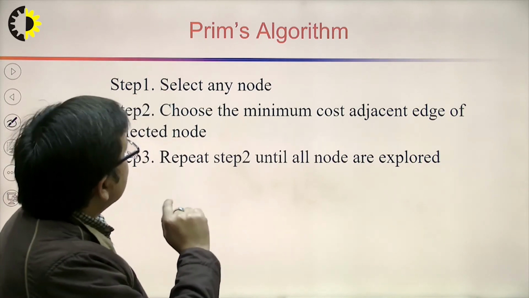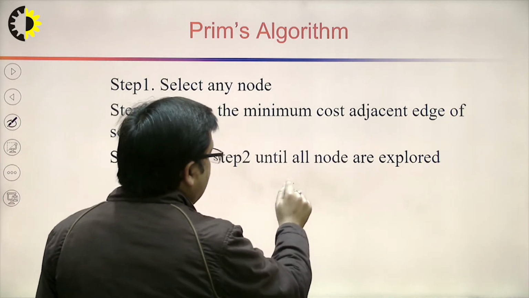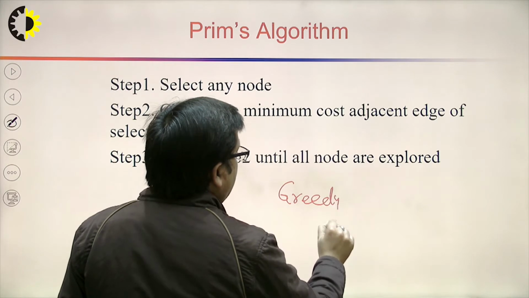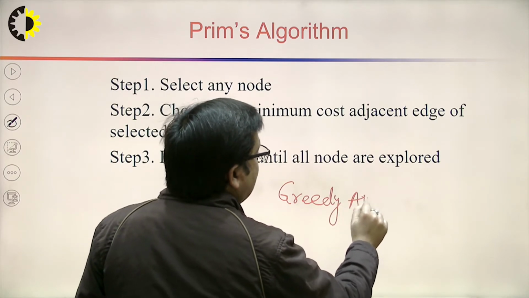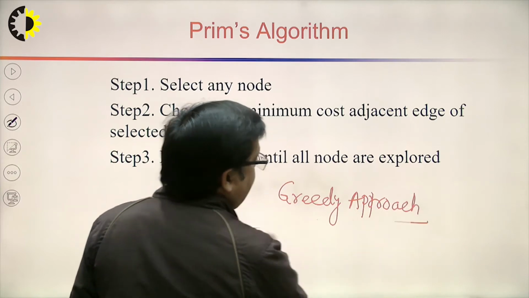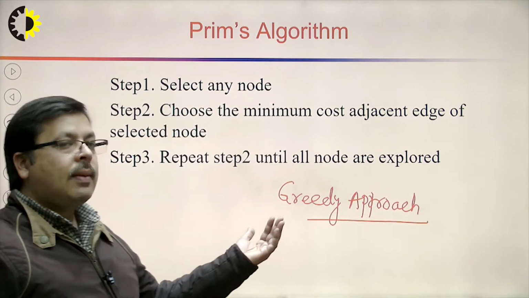So Prim's algorithm is based on the greedy approach. Greedy approach is a problem solving technique used where we have greedy choices.